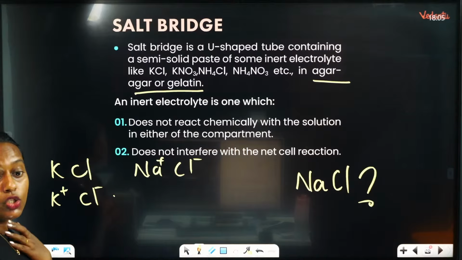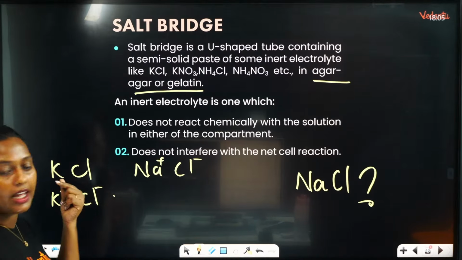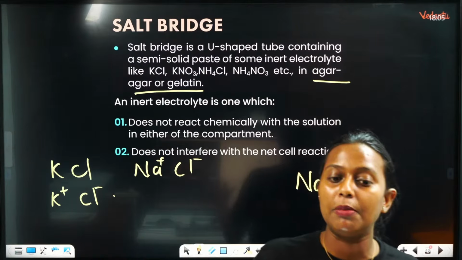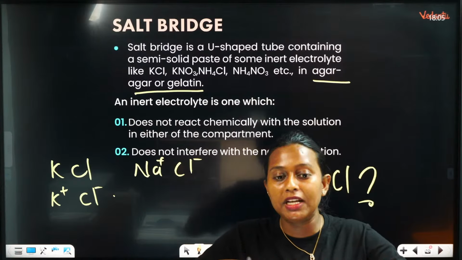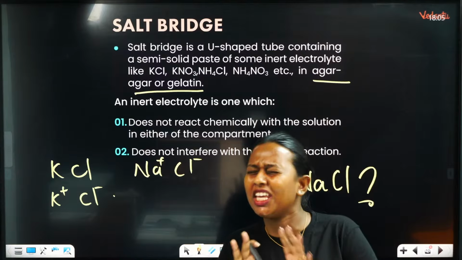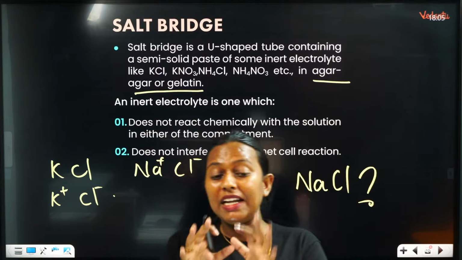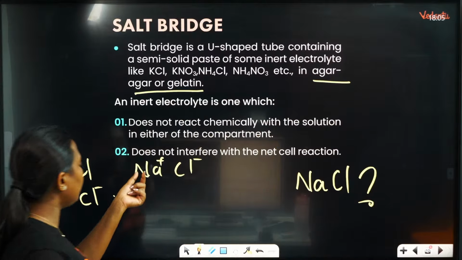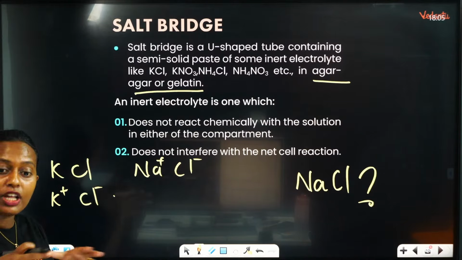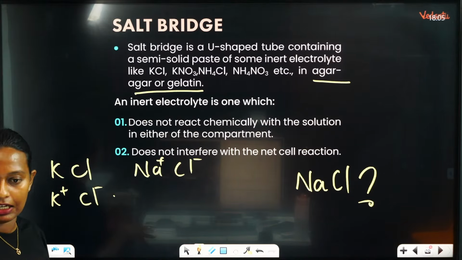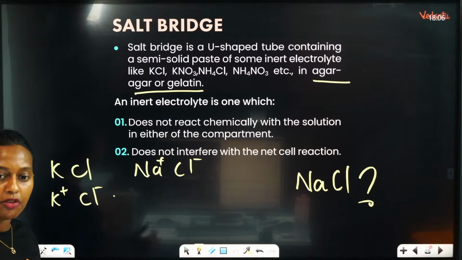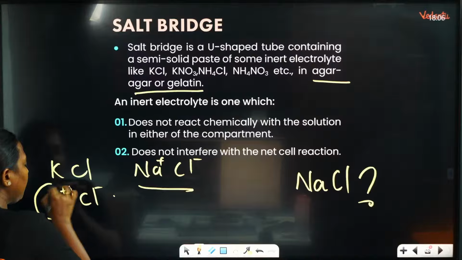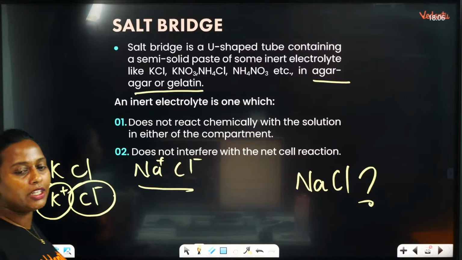The mobilities of the cation and anion should be almost similar, not exactly equal. For Na+ and Cl-, the mobility is not similar; there is a far difference, so we can't use NaCl. For K+ and Cl-, the mobility is similar.